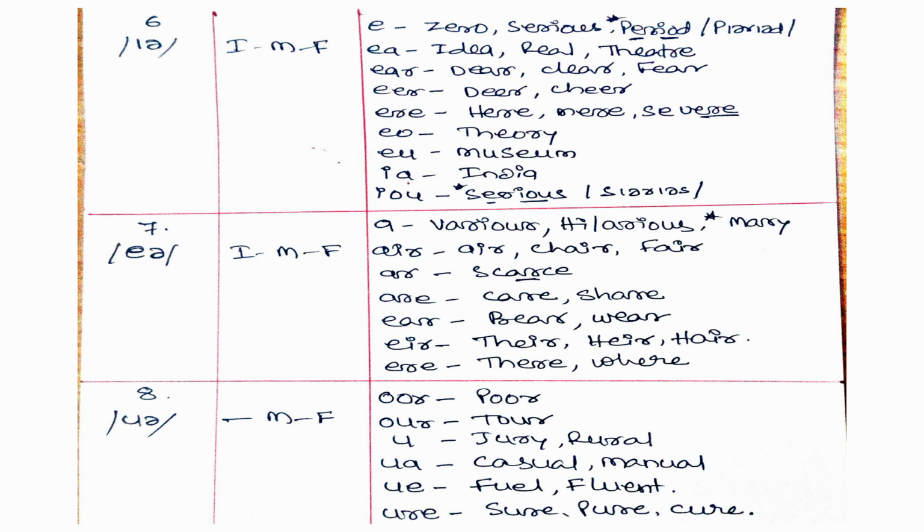With AIR, hair. CHAIR, chair. FAIR, fair. With AR, SCARCE. Scarce. R should not be pronounced. It is not scarce. People used to say scarcity.